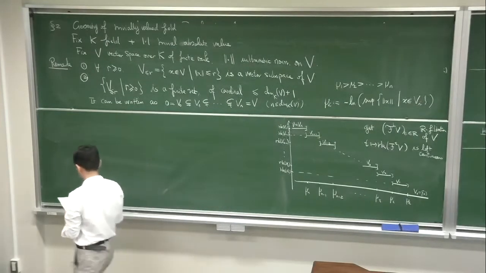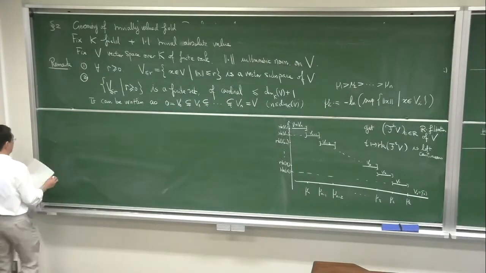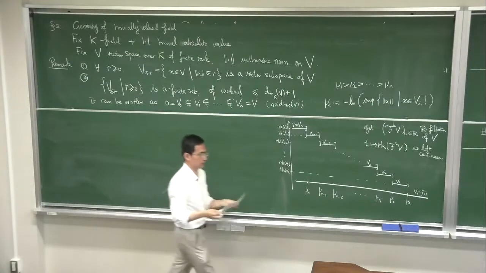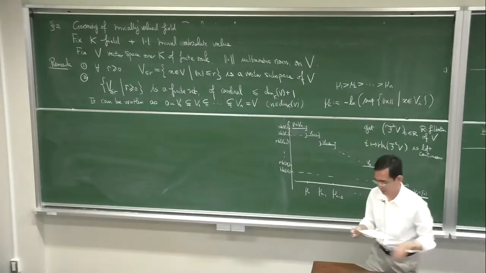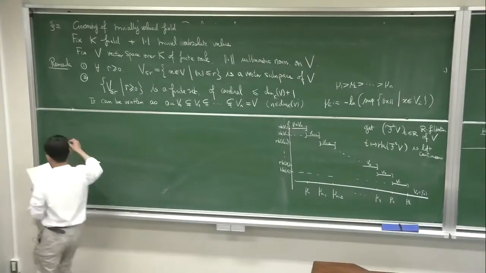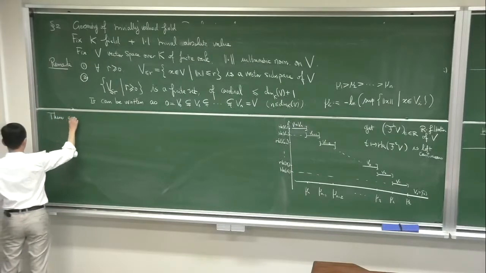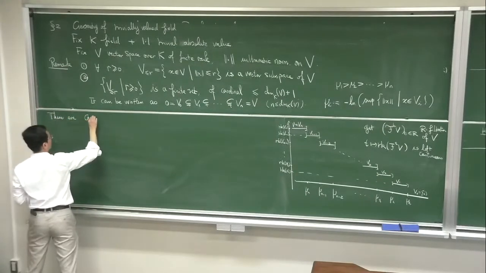Okay, it's better that I write on the table because these are important. So there are canonical bijections.